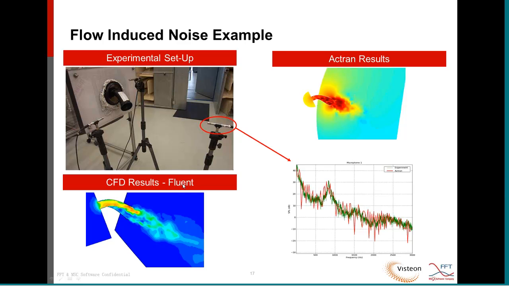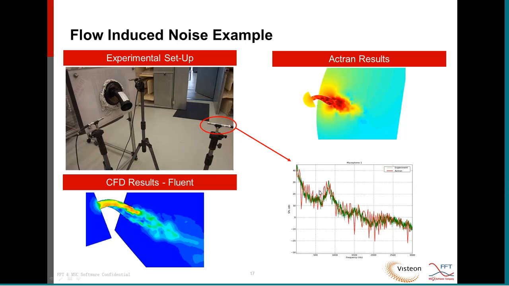As we can see, in the first step, the Fluent solver solves the CFD result. Here we are looking at the result in one time step, but in reality, we need that result in a large number of time steps. And those results will feed the Actran acoustic solver for the acoustic radiation.